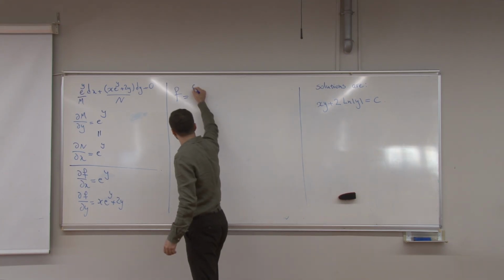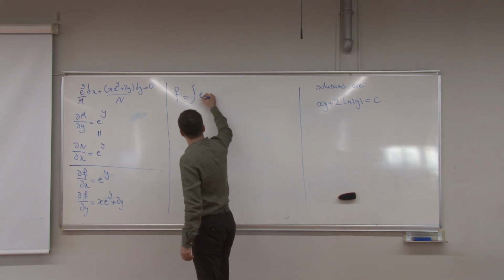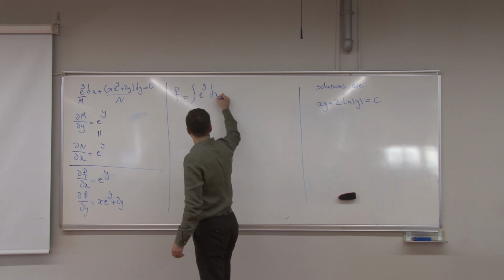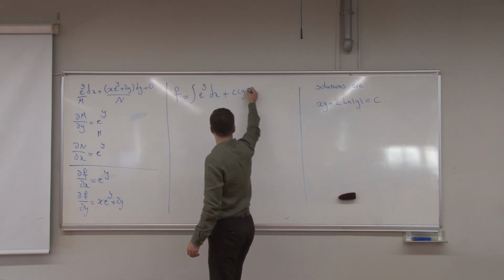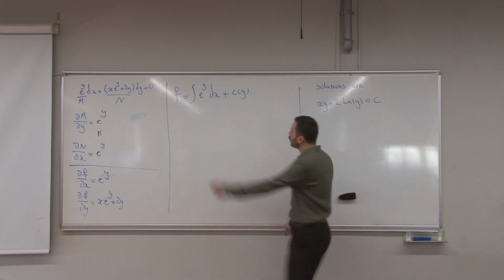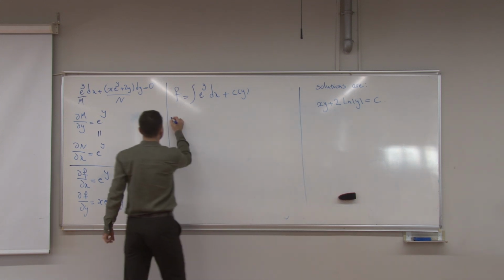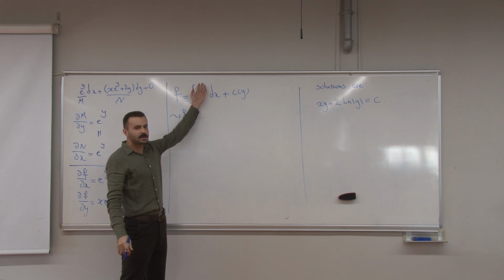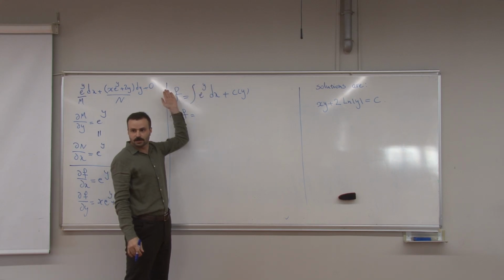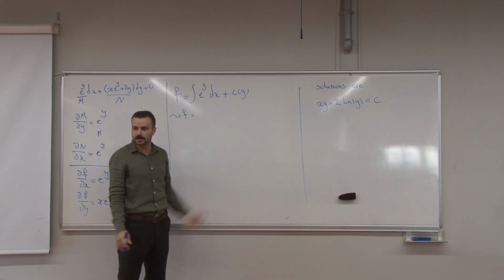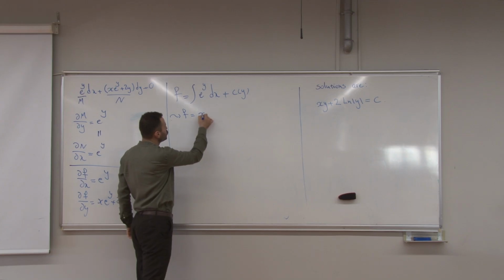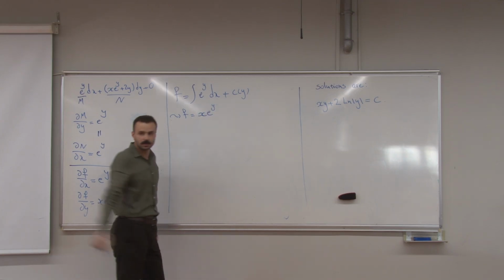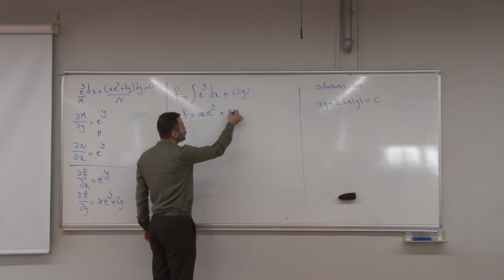So this is going to be f equal to integral of e to the power of y dx plus c of y. What is this integral? e to the power of y is just a constant, right? Take it out, and integral of dx is x. So this is going to be x e to the power of y plus c of y.